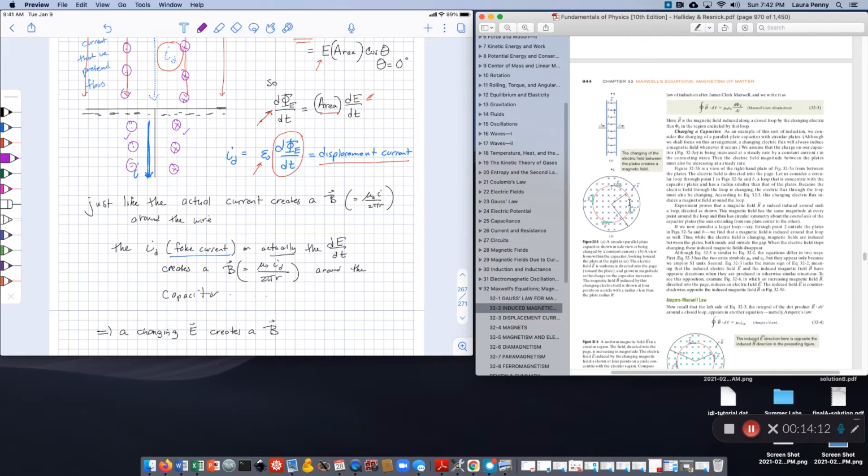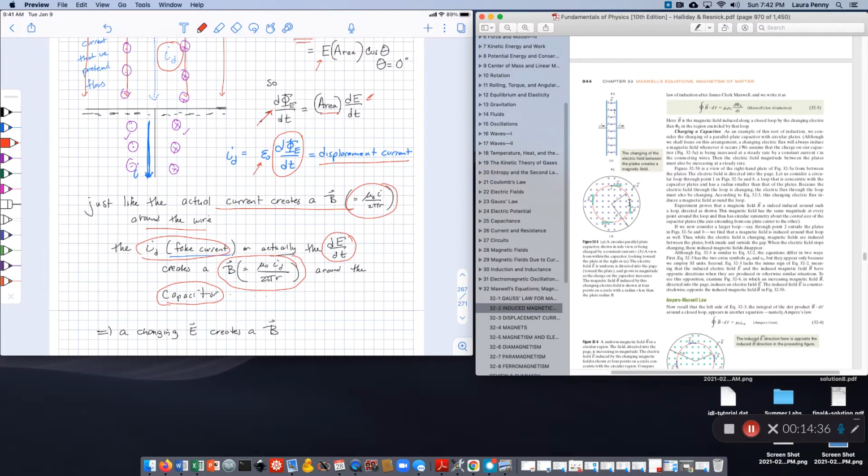So just like the actual current creates a magnetic field using this equation around the wire, this fake current, or rather the fact that we have a changing electric field, also produces a magnetic field around the capacitor.